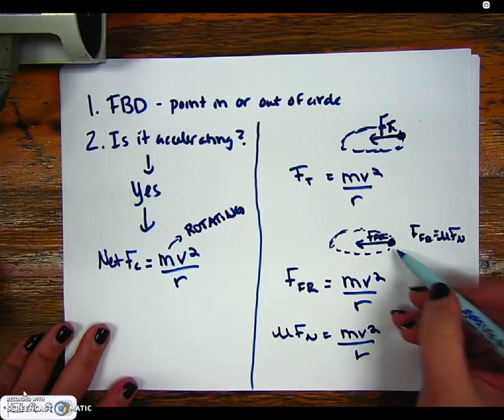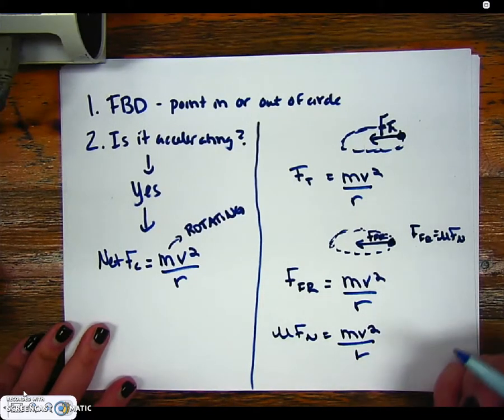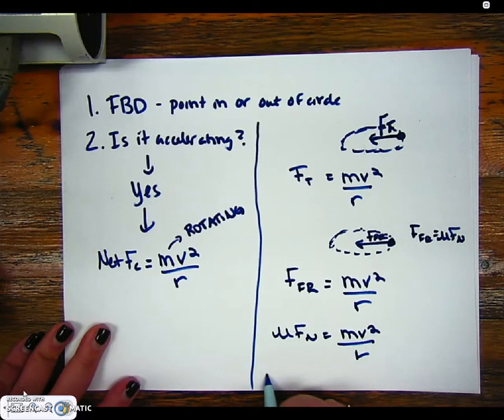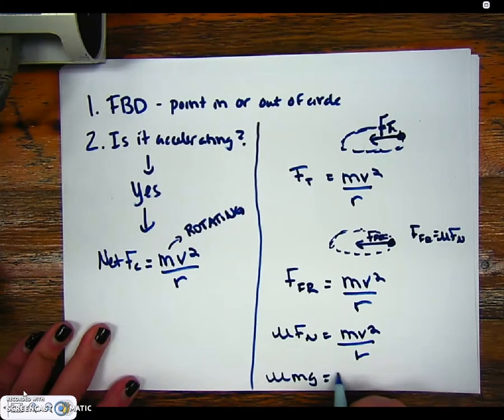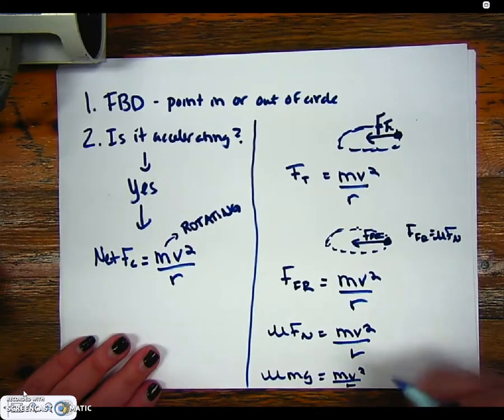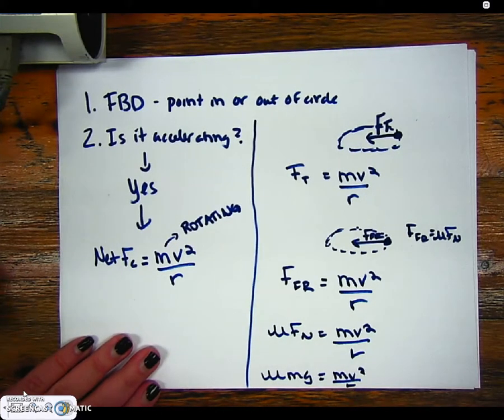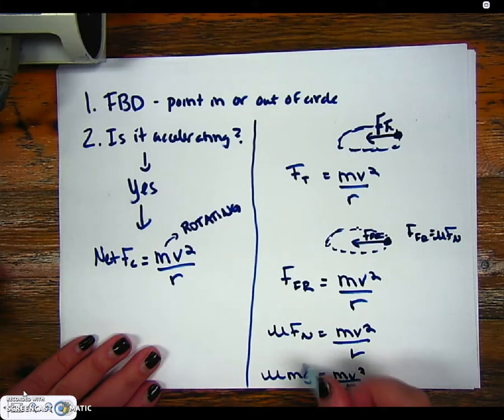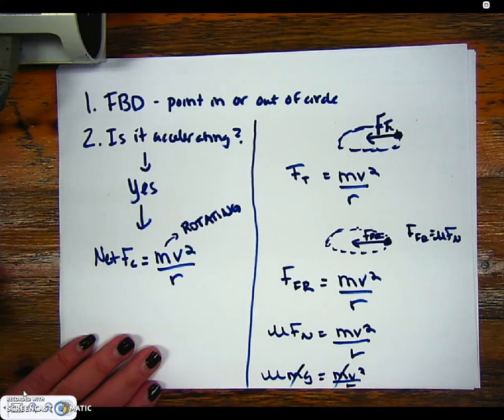And this thing's on a flat surface, so I know Fn is Fg and Fg is mg. So mu mg equals mv squared over r. Sorry, I'm running out of room there. But we're just performing those substitutions until we have things in terms of what we want. So we see the mass cancels for friction just like it did commonly in our last unit.